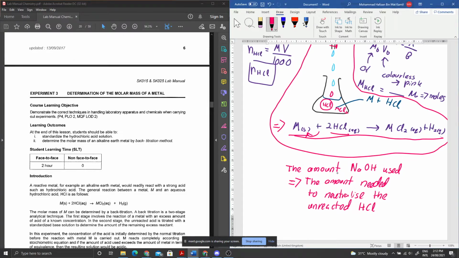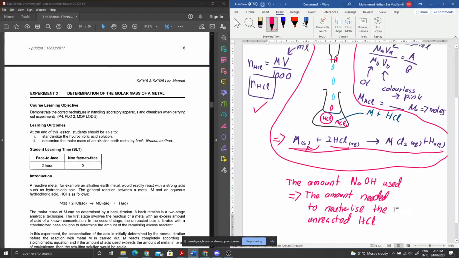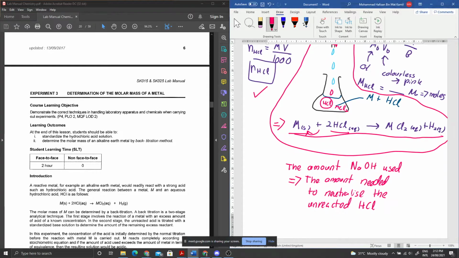Okay, so from the first step, in the first step we already know the total amount of HCl. Okay, so we already know the total amount of HCl, and then now we are also using MaVa over MbVb, A and B. Just a moment, capital A, capital B. But now we use this equation.